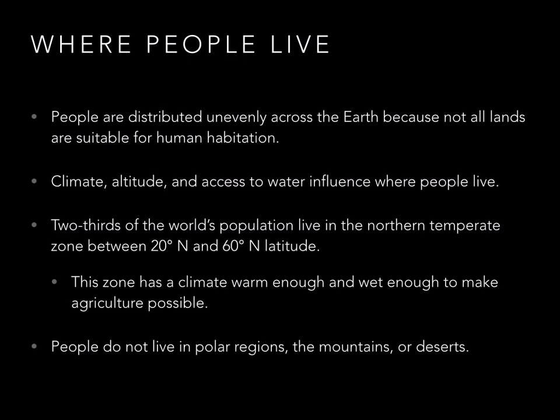Two thirds of the world's population actually live in the northern temperate zone, above the equator, between 20 degrees north and 60 degrees north latitude. This area has a climate that's warm enough and wet enough to make agriculture possible. People do not live in polar regions or mountains or deserts.